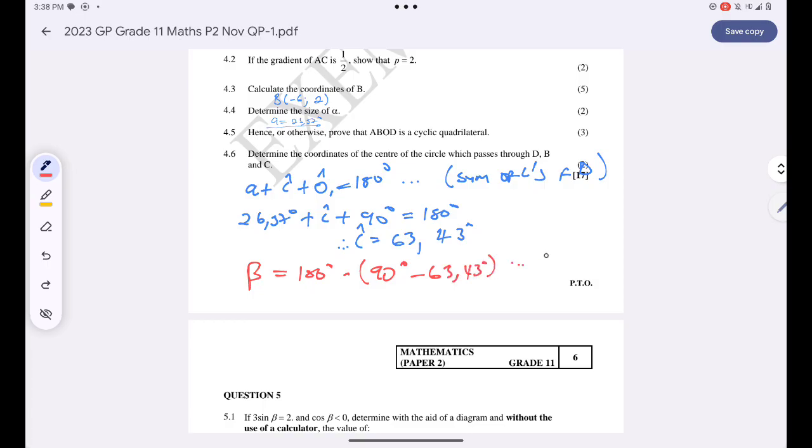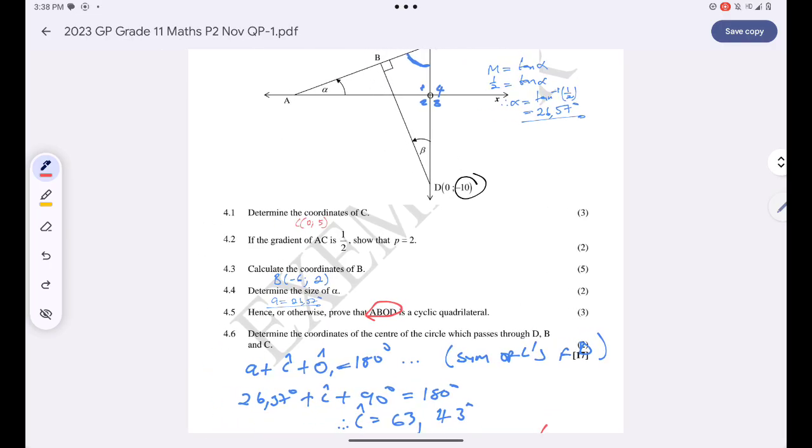This is sum of angles of a triangle, yeah? And then you'll find your angle beta to be equal to 26.57 degrees as well. And therefore you can conclude that this is a cyclic quad. Why? Because angle alpha is equal to angle beta, and both of them are equal to 26.57 degrees. You have angles in the same segment. Therefore, you have a cyclic quad.